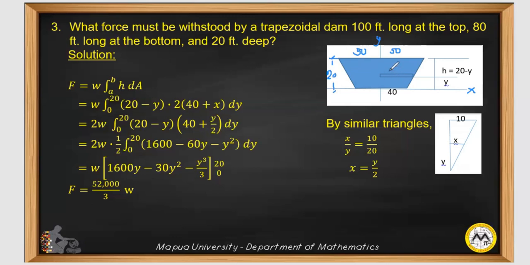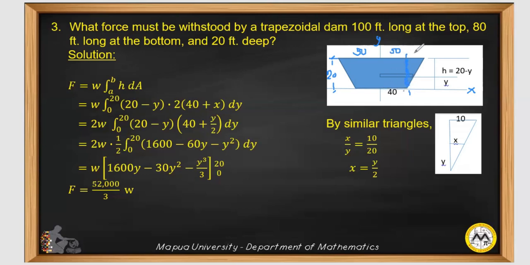If we draw a typical element, this is the typical element, but we cannot do ratio and proportion on this portion of the dam. So what we can do is divide this into 2 parts. Please take note that this is 40.